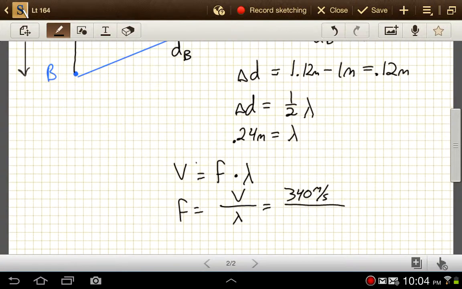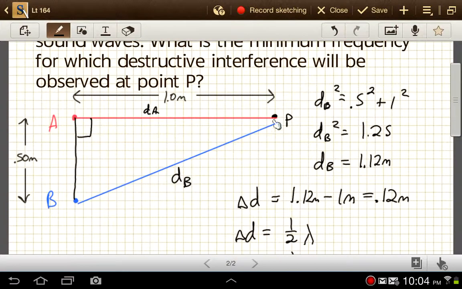Our wavelength is 0.24 meters. And so 340 divided by 0.24 gives us about 1420 hertz for the minimum frequency where we would get destructive interference at point P.